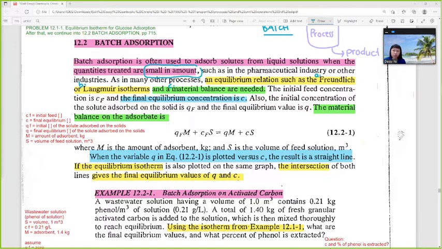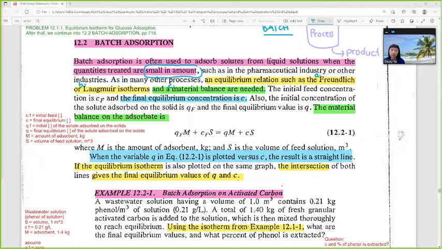In the 12.1 discussion about the introduction, we also used the linear trend line, but the linear trend line did not start from 0 to 0.